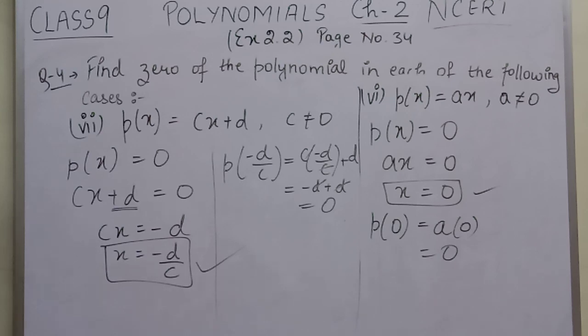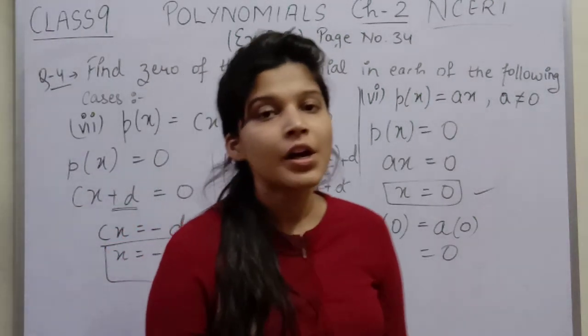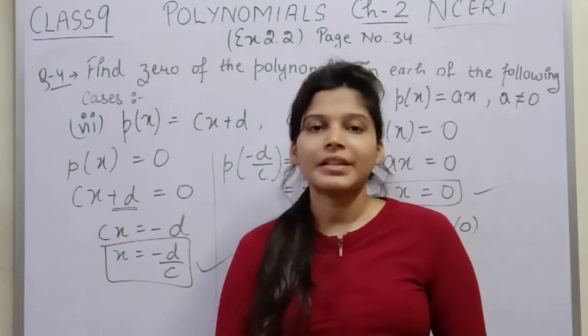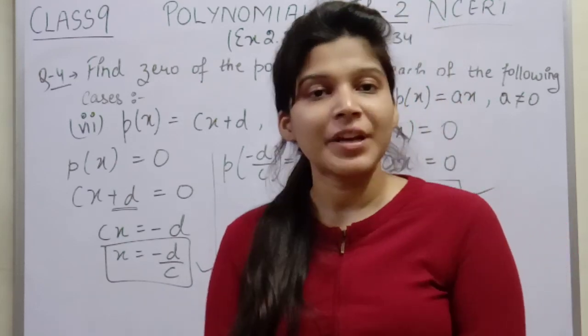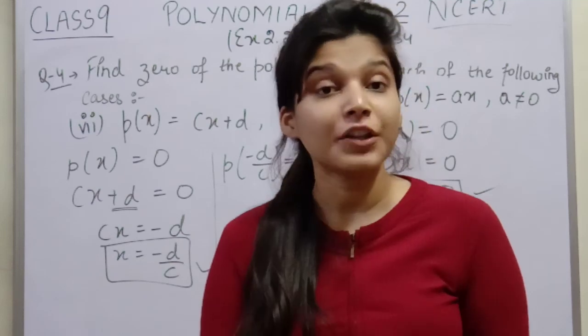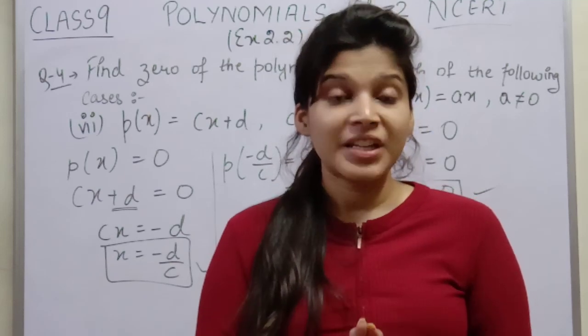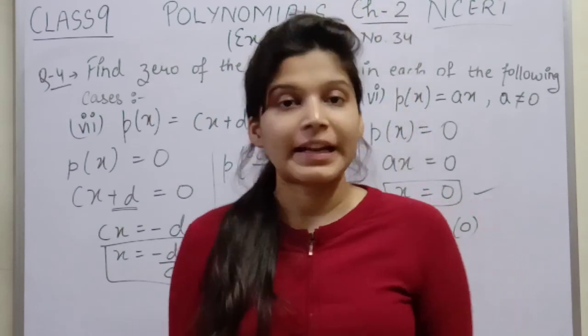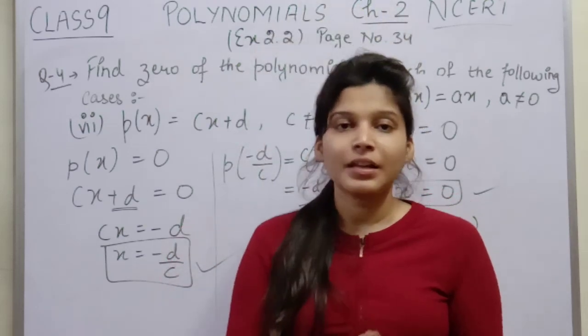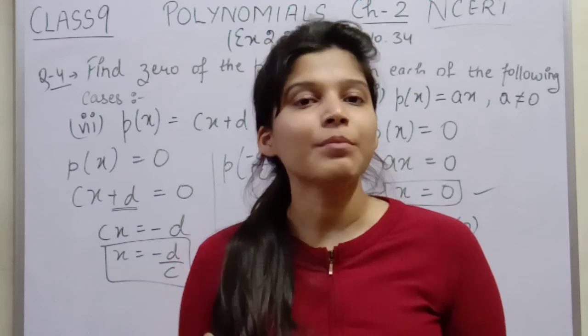Okay, so I hope you have written all this in your notebook. So with this we have completed our exercise 2.2. Now in our next video we'll be starting with remainder theorem. Till then let's practice whatever we have studied so far in this chapter. That is, first we studied what are polynomials, then types of polynomial.